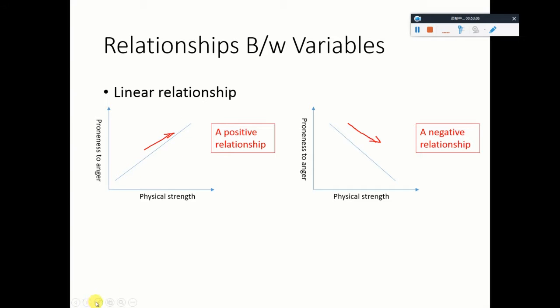That's very easy to see because, again, we can have 2 points, point 1, point 2. So if you move from point 1 to point 2, essentially you're moving physical strength from here to here.